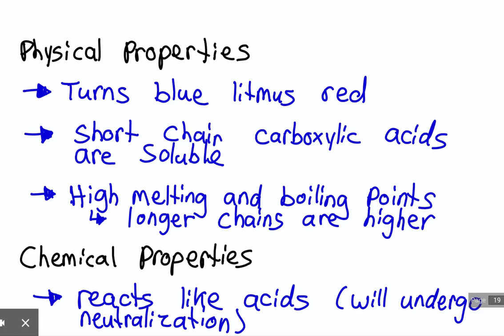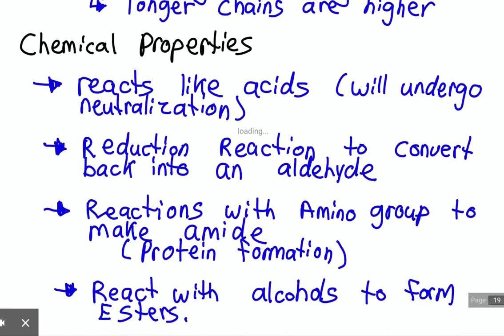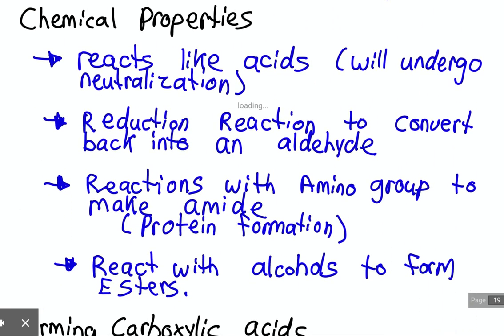For the chemical properties of our carboxyl group, they react like an acid. So they'll undergo neutralization. They'll undergo a reduction reaction to convert back into an aldehyde. And they have reactions with amino groups to make an amide in protein formation. And this is coming in your next lesson.